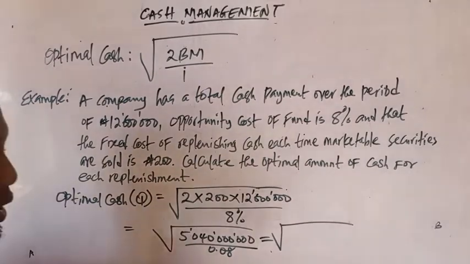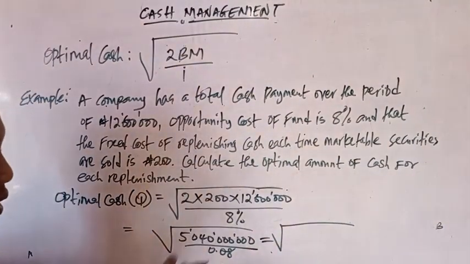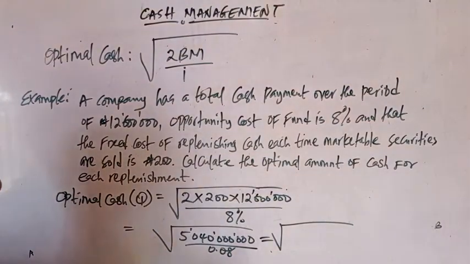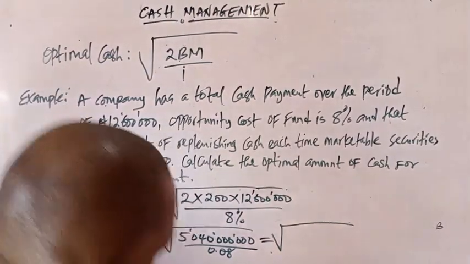Now when you divide this by 0.08, the answer you are going to see is something like this, 6.3. Hope you can see it from what I'm writing here.